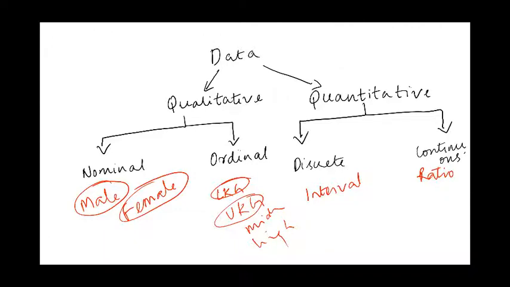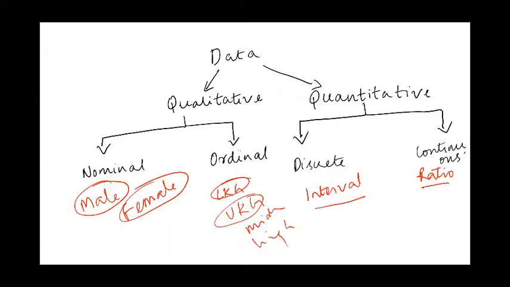Now we come to quantitative data, in which discrete and continuous can be there. Discrete data is one in which decimals cannot be there, while continuous is something which is continuous. In discrete data, we'll only have whole numbers, while in continuous data, we can have any number. Then again, there is interval data and ratio.